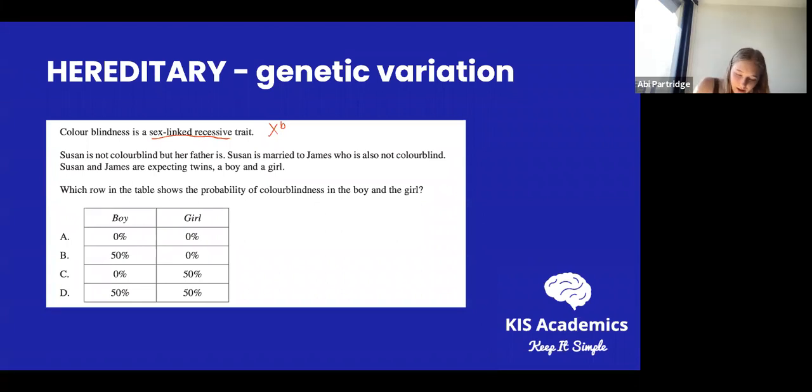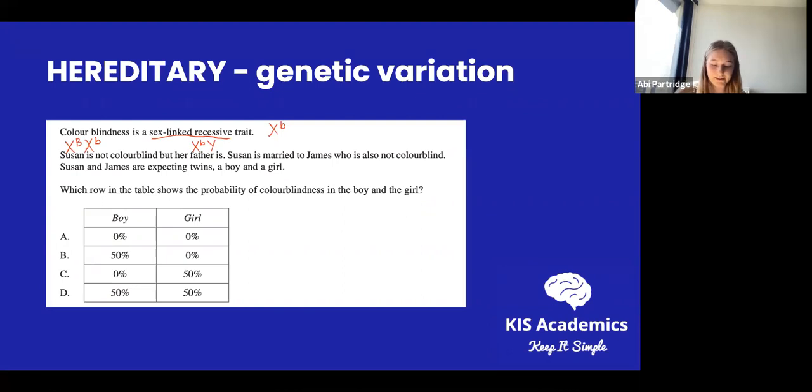And so her father would have the genotype of lowercase b and a Y. And then Susan is not colorblind, so it means that she has at least one of the dominant alleles, because that's the only way her phenotype would be not colorblind. But we know her father is colorblind, so she has to have received one of her X chromosomes from her father. So she's got one other chromosome which is affected.